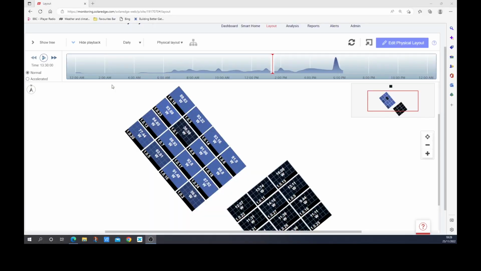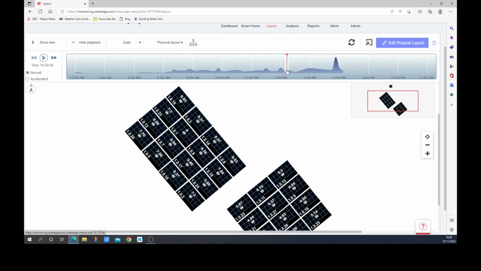So following on from the cleaning, I reviewed the data for the rest of the afternoon, and we finished the cleaning around 1:30, and you can still see that the module is performing very poorly. And this continues right into the afternoon until the point where the sun no longer is significant.